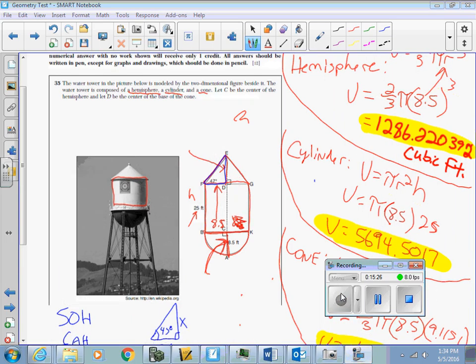All right, when I went back, I saw a little mistake that was made in calculating. This actually here should have been a 7, and I actually forgot to put the square here. So it's actually 5674. And so I'm going to add up all of these values.